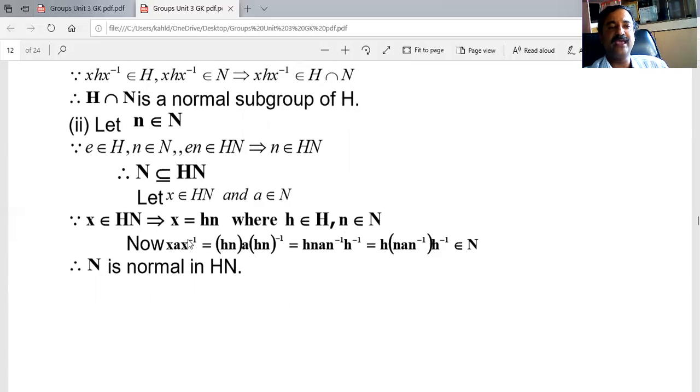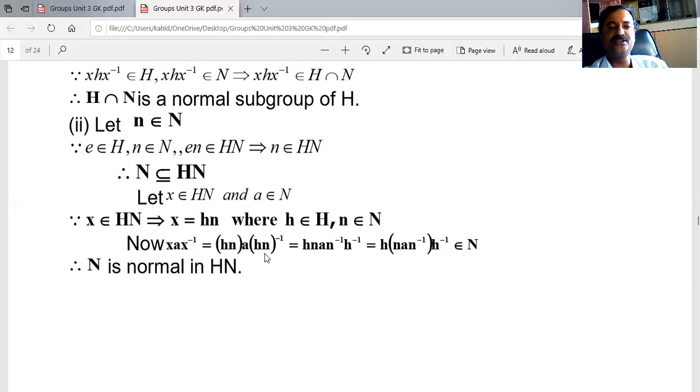Now I am going with x a x inverse. I am replacing x with hn in total. That is, x means hn, a as it is, and x inverse means (hn) whole inverse. We know from group theory unit 1 that (ab) whole inverse is equal to b inverse a inverse.